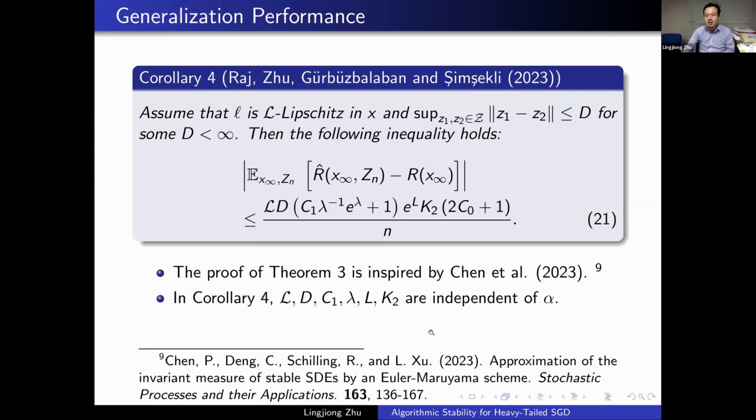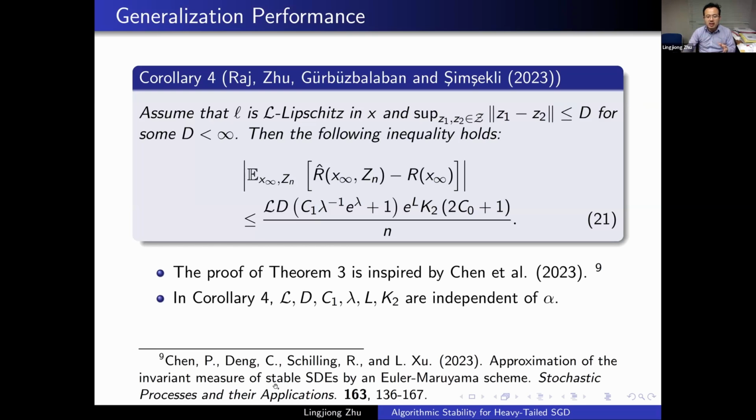Our proof technique is inspired by their paper. I know some of them: Li Xu from the University of Macau and Chen Peng, a former student of Li Hu. What these guys look at is a different problem.